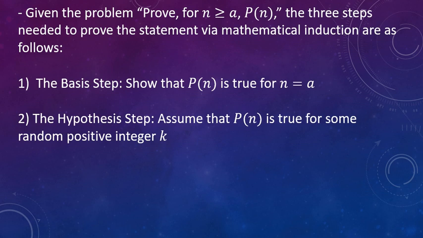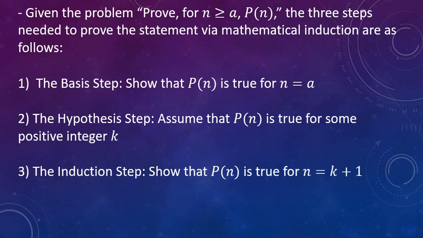And the statement is always assume that the statement P of n, I should say the equation P of n that we're given, is true for some arbitrary or random positive whole number k. Step 2 is always just a single sentence that says assume P of n is true for some arbitrary positive whole number k.